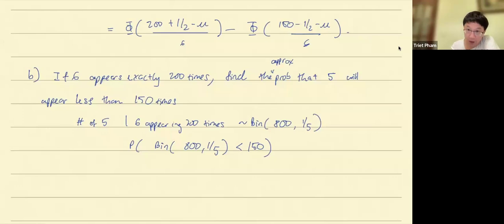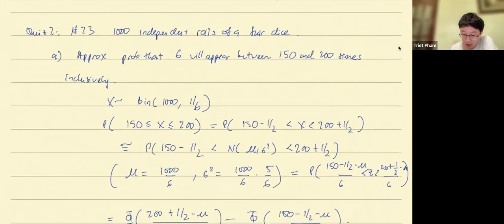All right, so the rigorous calculation will work as follows. Let's say the number of 5s is equal to little k, conditional on the number of 6s being equal to 200. First of all, notice that by default k here is going to be between 0 and 800, because we toss the dice 1,000 times.